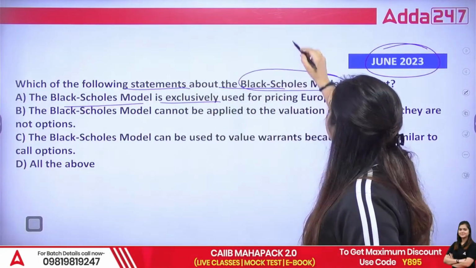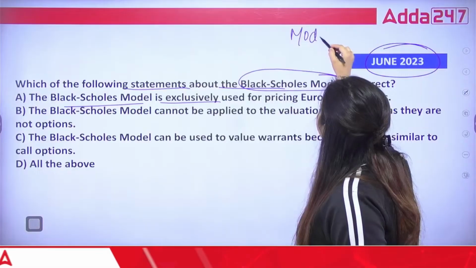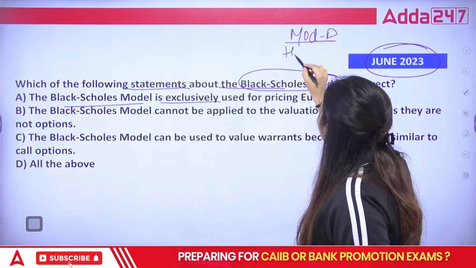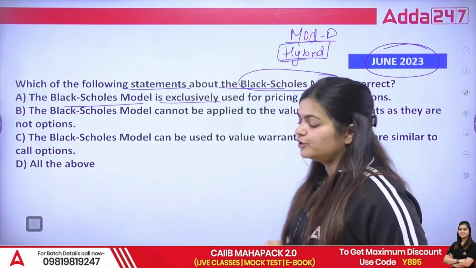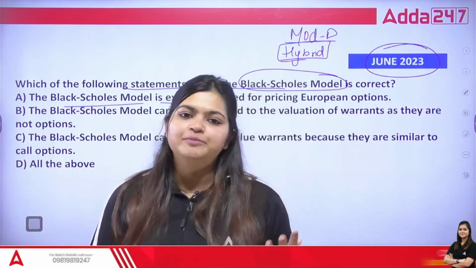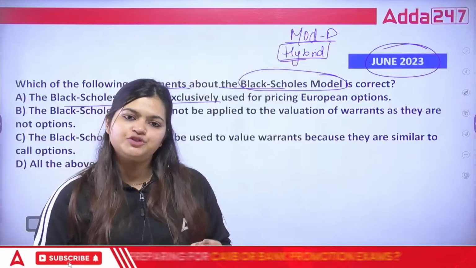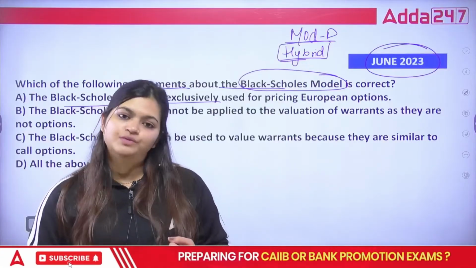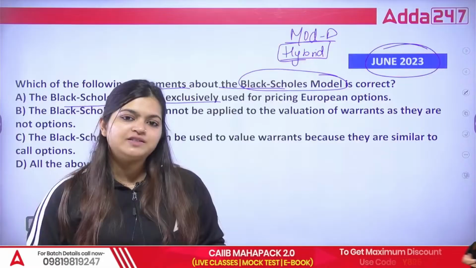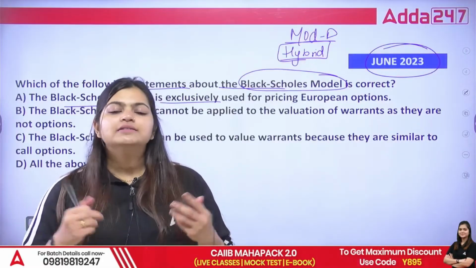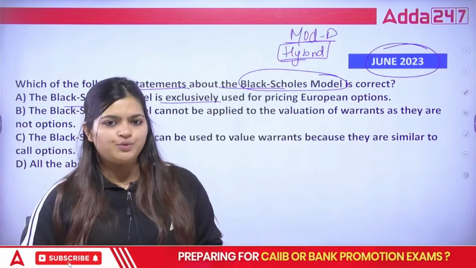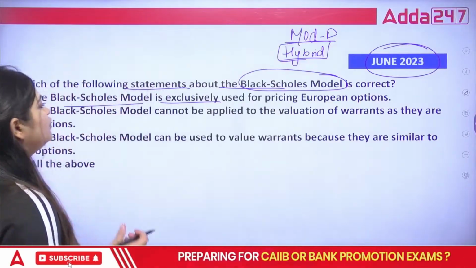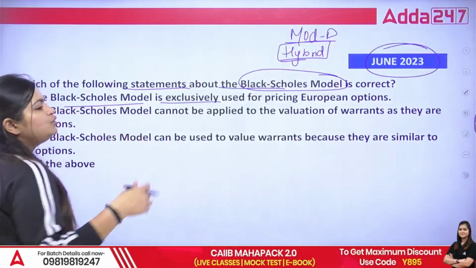This question is basically from your Module D from the topic hybrid finance. From that topic, there are different types of hybrid finance, like preference shares, convertible debentures, warrants, then FCCBs, mezzanine financing. These are different types of hybrid finance you have. Now, when we talk about warrants, how do you value them?